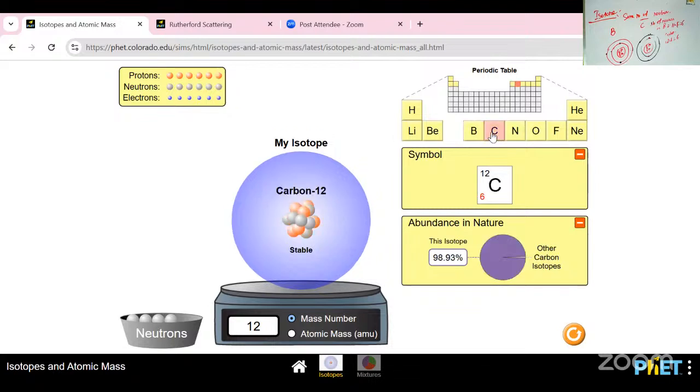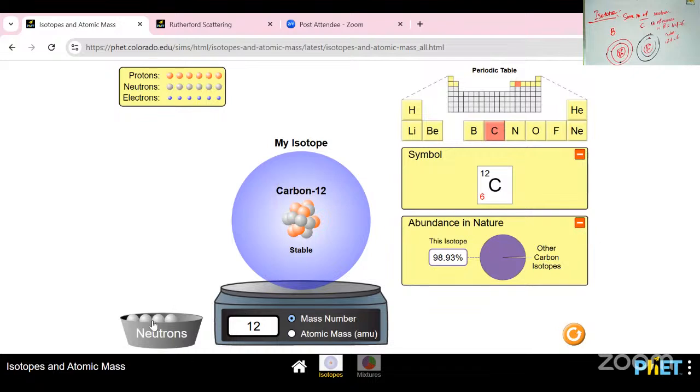I am choosing carbon. Carbon 12 and carbon 13 are examples of isotopes. This is the carbon 12 isotope. The mass number is 12 and the atomic number is 6. The abundance of the carbon 12 isotope is 98.93 percent.